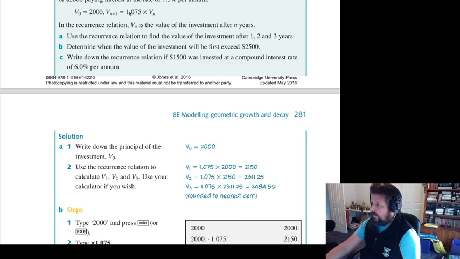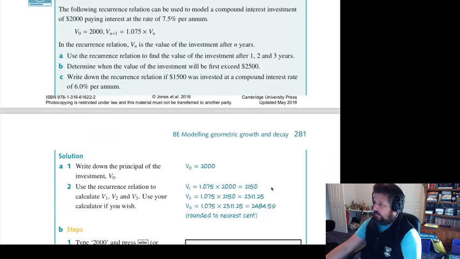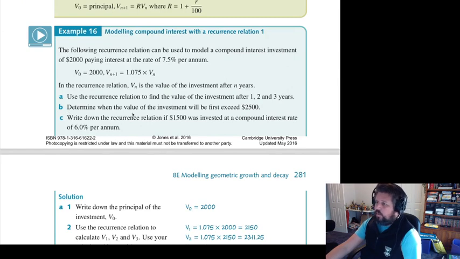That's going to be 1.075 multiplied by the one before that, which was obviously V1, which we calculated. You can see going through that. I hope that you guys are pretty happy doing that. So after 3 years, you can see that it comes out to being $2,484.59.